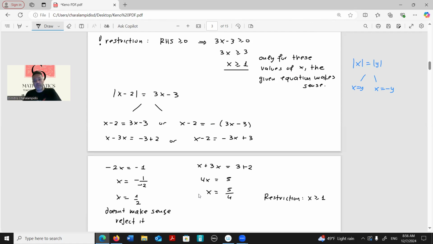X equals 5 over 4 is greater than 1, so we should accept it. This is the only solution. Here, you should keep in mind that not always we will accept one of them. We might as well accept them both, we might as well reject them both, or keep one of them.